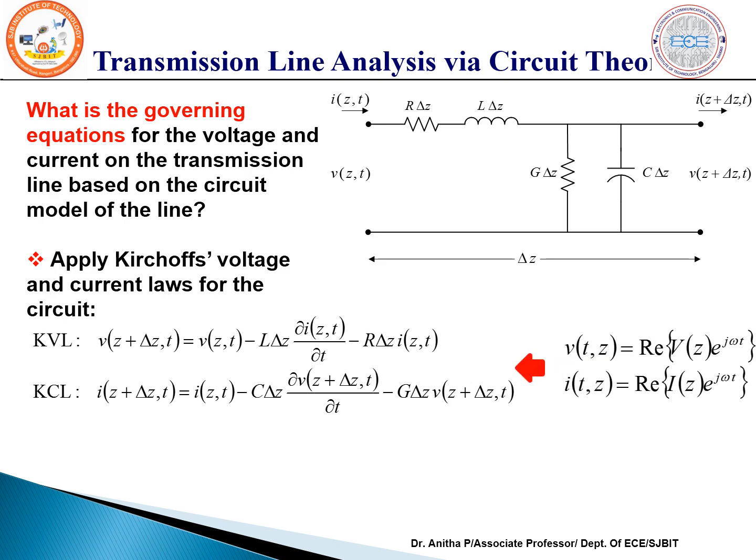So now again, to determine the voltage and current, we will be considering voltage and current as varied with respect to time first, because let us consider we have applied a sinusoidal signal. So if I apply sinusoidal current, the voltage and current can be represented in a real part as V of Z into e power j omega t, and current as I of Z into e power j omega t.